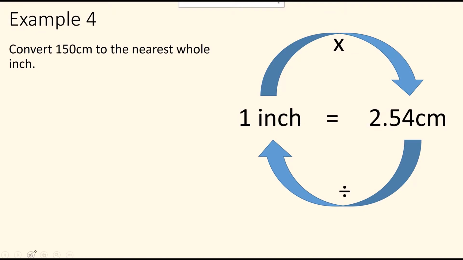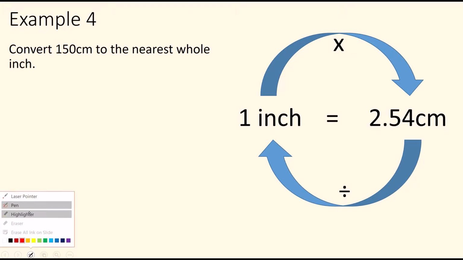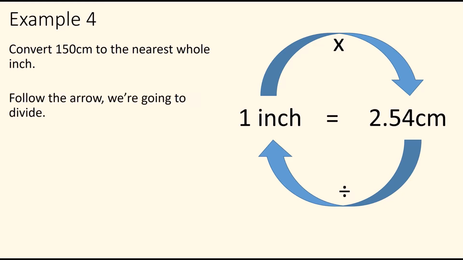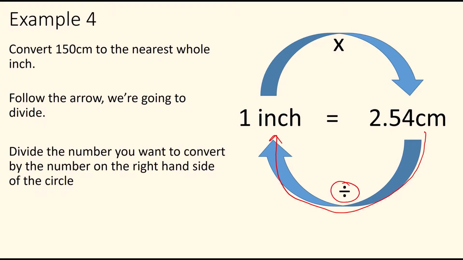Okay, let's try example 4. So this time we're going to convert 150 centimetres to the nearest whole inch. So we've got a bit of rounding to do. So follow the arrow because we're going from centimetres now to inches. So that means that we are going to be doing a division. So divide the number that you want to convert. So we want to convert 150. I'm going to divide it by the number on the right hand side of the circle.